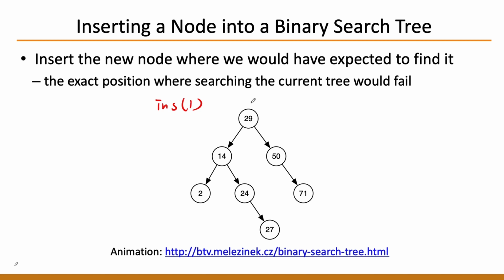You can search starting from 20, 1 is smaller, so you go left, 1 is smaller, so you go here. Because 1 is smaller than 2, I should go left, but left currently is empty, so this will be the place that I put down my new node 1.